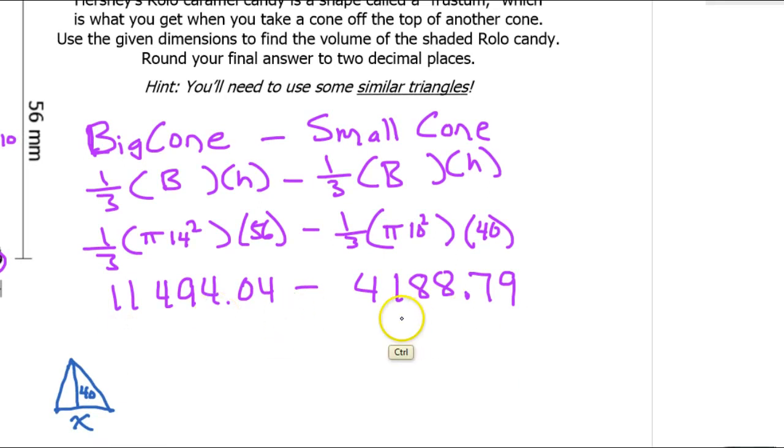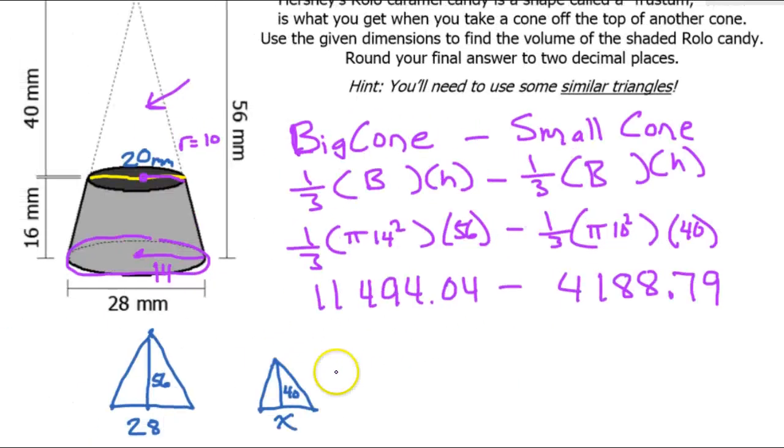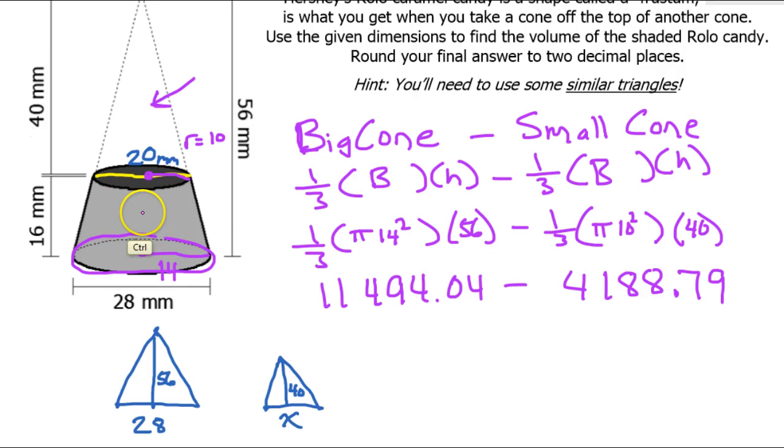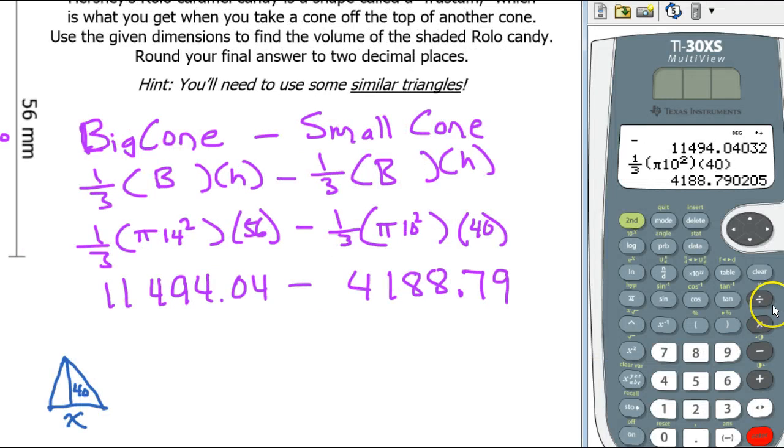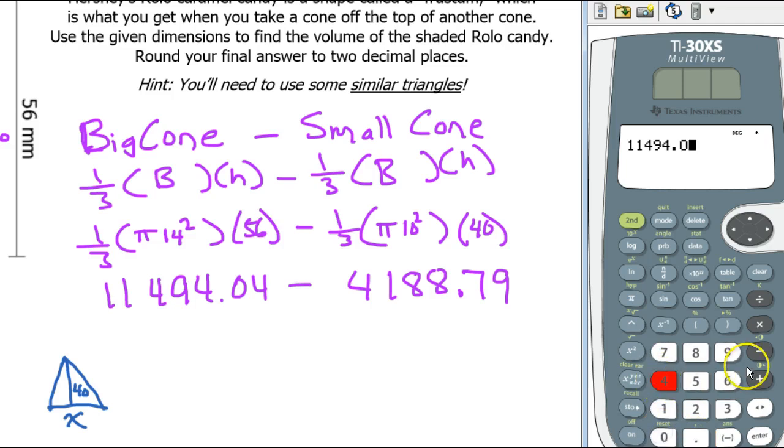So if I subtract these two, that should be the volume of the leftover shape. I'm taking the large cone and subtracting away the smaller cone off the top. So that's what I'm going to do: 11,494.04 minus 4,188.79.